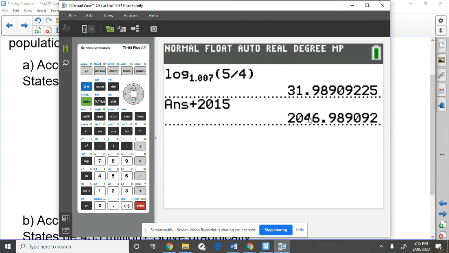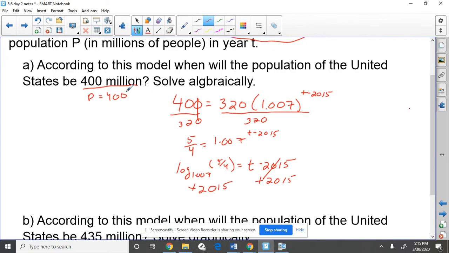So it's going to be at the very end of the year 2046. So maybe a good way to write this answer is by 2047, the population will be this high, because it's during the year 2046 that it's going to hit it. So that's showing how to solve this problem algebraically.